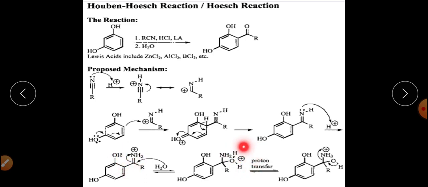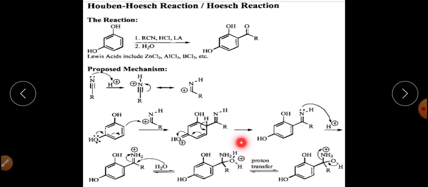So it is now being converted into OH2 positive, and then there will be proton transfer. And how the proton transfer will happen: this particular proton will leave its electron to this oxygen, and the nitrogen lone pair of electrons will abstract the H positive from this one.